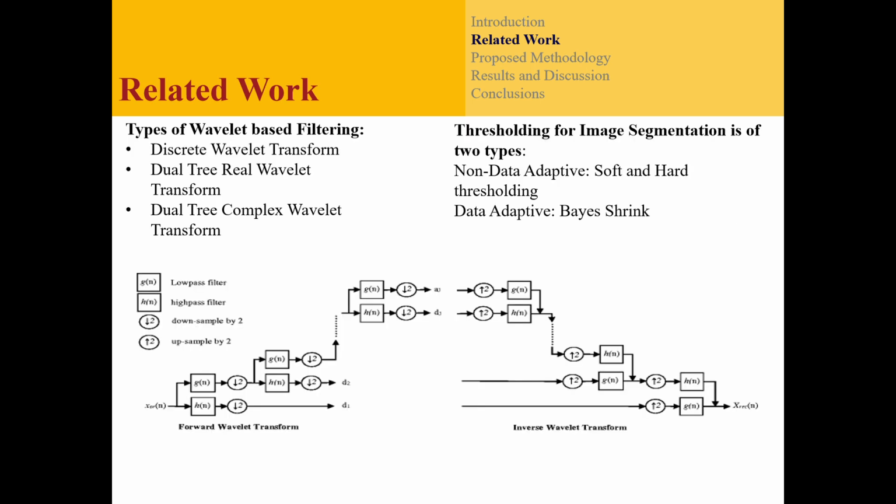There are three types of wavelet based filtering: discrete wavelet transform, dual tree real wavelet transform, and dual tree complex wavelet transform. There are two types of thresholding: soft thresholding and adaptive thresholding. Soft thresholding is a tool that reduces background in an image. The intensity values below the threshold value are reduced to lower values.